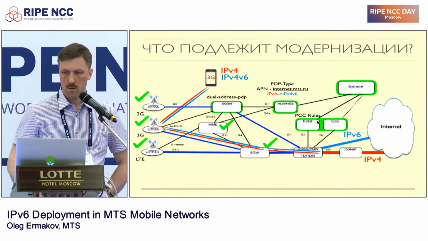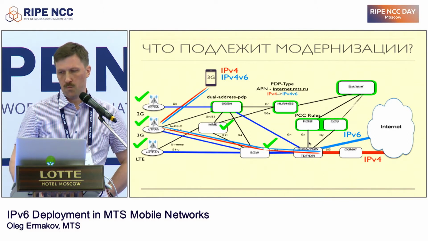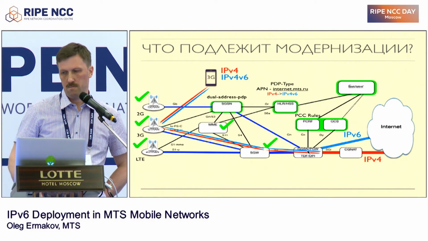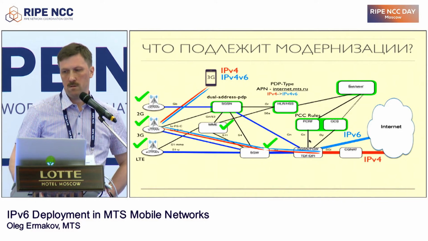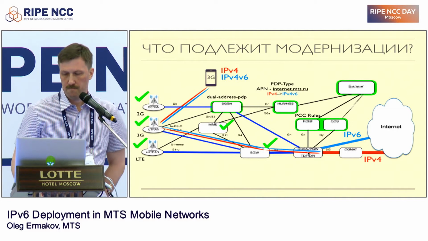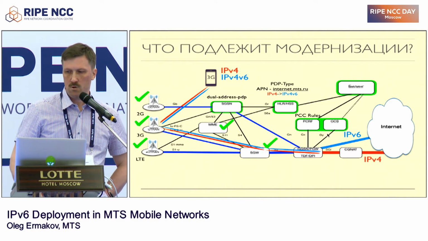Because of IPv6, PCC rules are provisioned for every subscriber to the gateway, and then the gateway, its traffic detection function or DPI, will know what to do with this access point and how traffic can be let through and how billing will be done based on the rules that it received from PCRF.